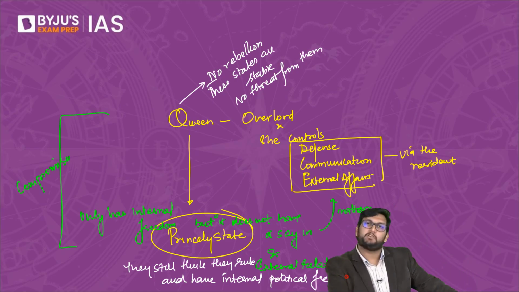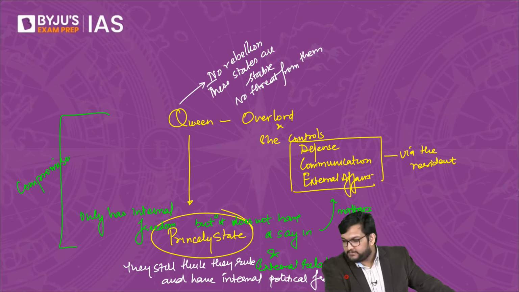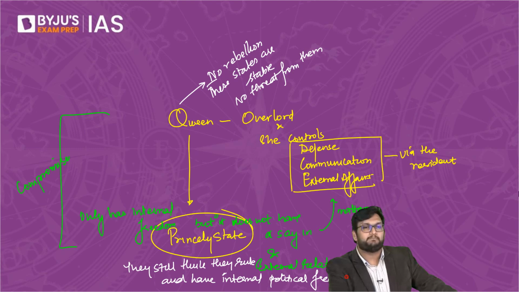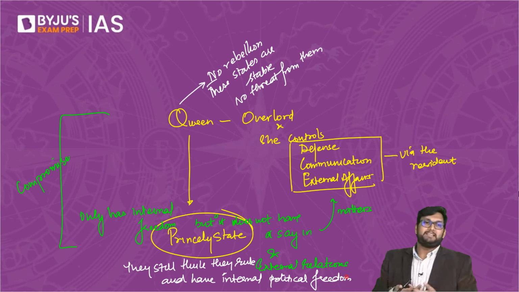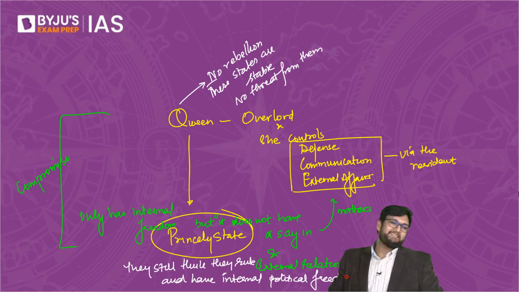Suzerainty and dominion status is based on suzerainty only. Suzerainty is the concept on which dominion status is also based and paramountcy is also based. If they don't want to come under the crown, it means that the British will conquer them. Basically paramountcy is modified subsidiary alliance.